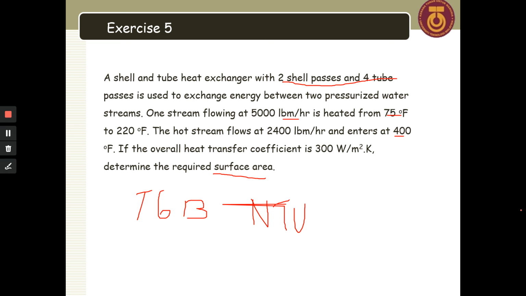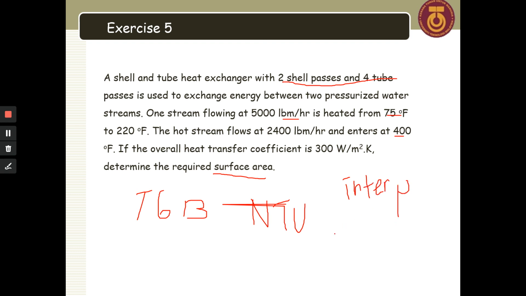What else don't we have here? It is between water and water, both are water. In this case, the CP is not given. If CP is not given, you should interpolate the CP.